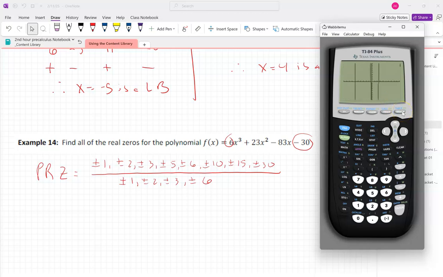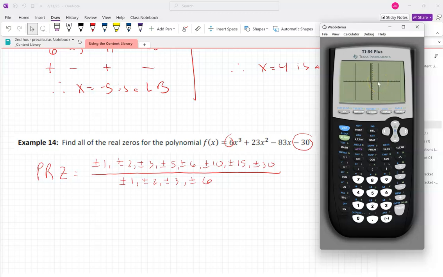And what I'm looking for are x-intercepts. So that's places where the graph crosses the x-axis. If you remember from last lesson, the maximum number of x-intercepts or zeros this function can have is the degree, right? Do I see 3 of them? I see 1, I see 2, I see 3.